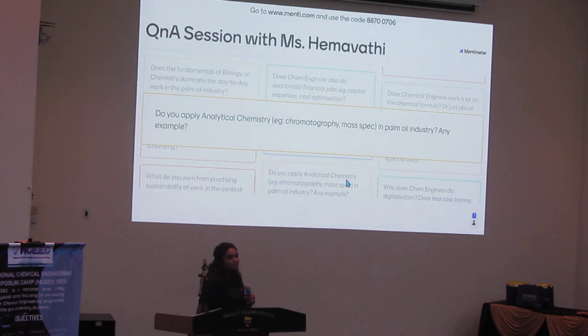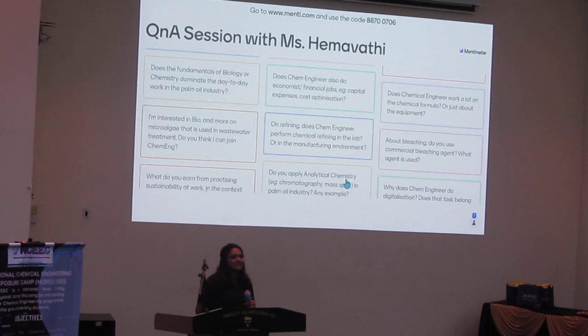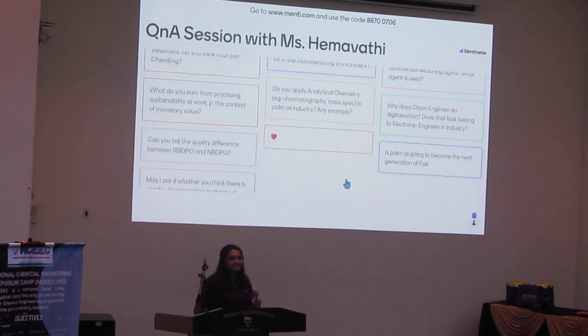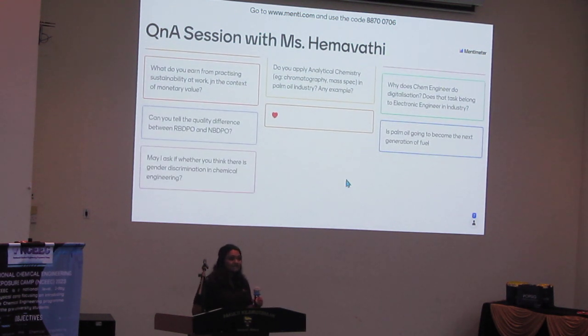All these are applied within the palm oil processing line to know what the fine chemicals are in certain process streams. Like we use gas chromatography to measure the gas composition in the biogas. And also mass spec, a lot of these are being used to measure the quality of the streams and the conversion rate. It's very much applicable in a processing line. I think it goes back to quality specs.